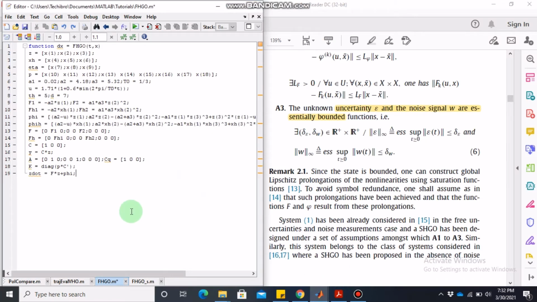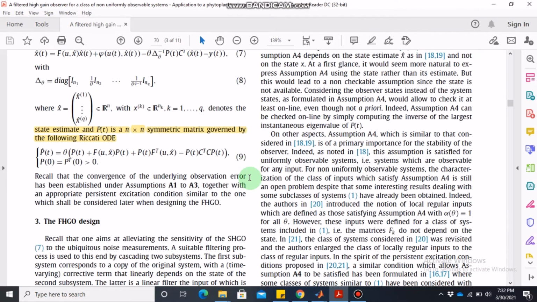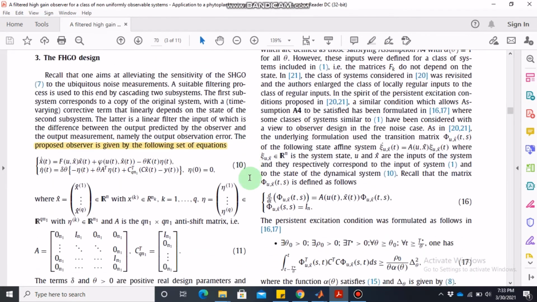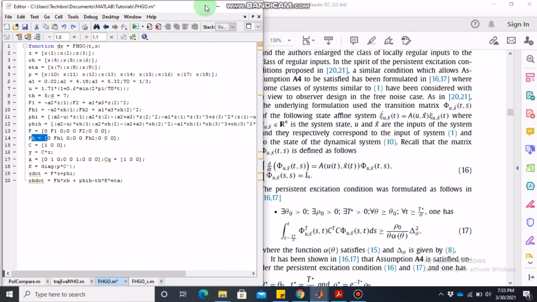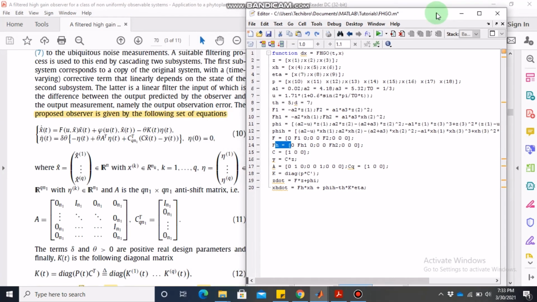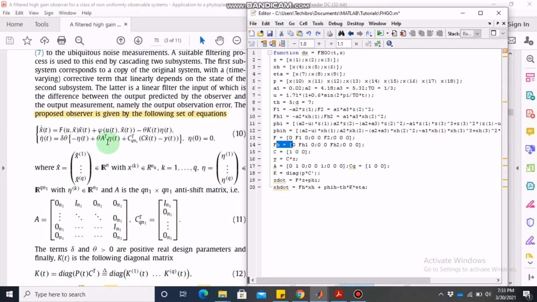And then you can use x hat dot equals F hat that we created here for x hat plus phi. So this is from here the dynamics of the proposed observer. If you look at that, here x hat dot is equal to F times x hat plus phi times x hat minus theta times K times eta.